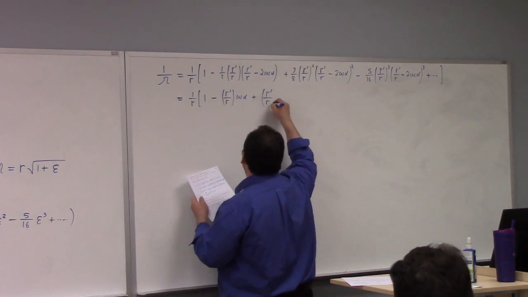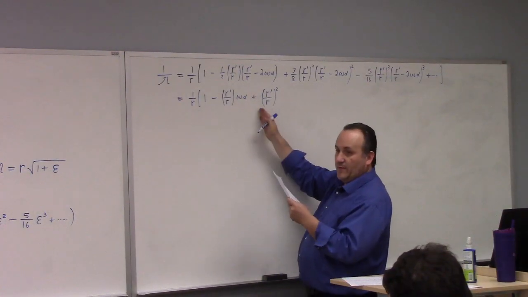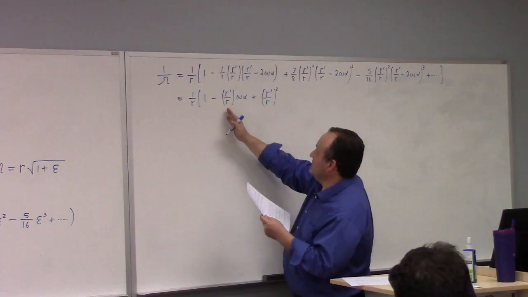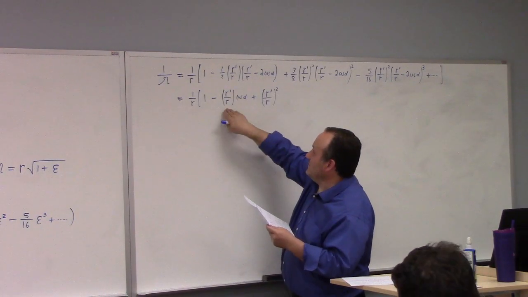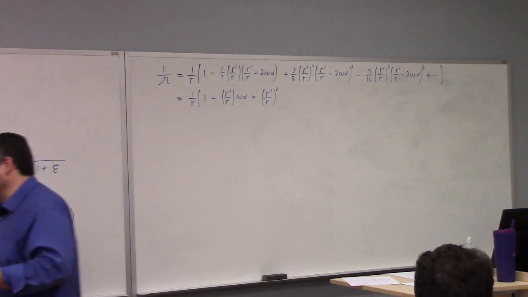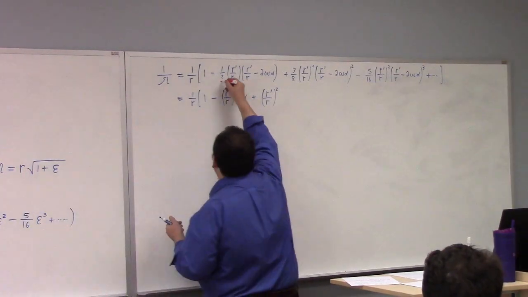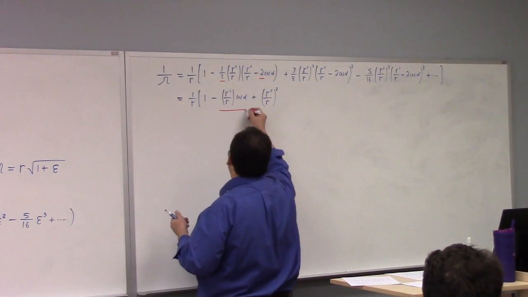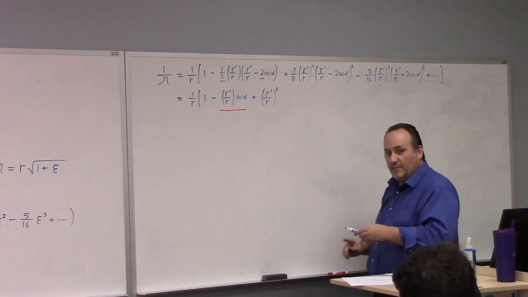What we're going to do is group things in terms of these: the r prime over r term, the r prime over r squared term. There's only this 1/2 times that 2, and minus minus gives me a plus. That's where I'm getting that from. Do you guys see that? This times that gives me this term, and there's no other way to get a single r prime over r factor.